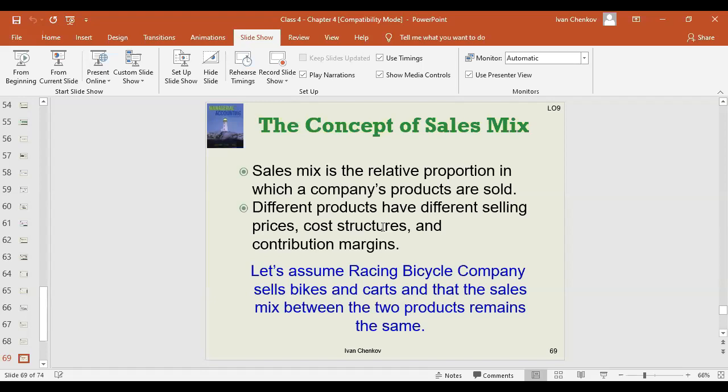What's the percentage of the first product? What's the percentage of the second product? 40-60. Yes, 40-60. How did you get it?